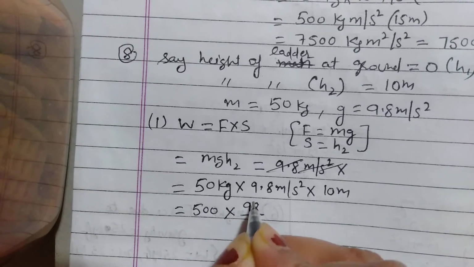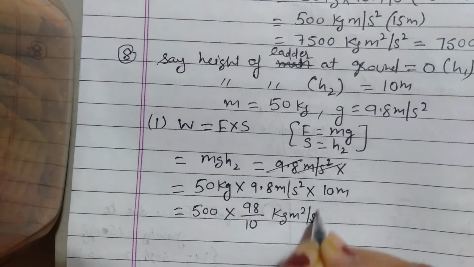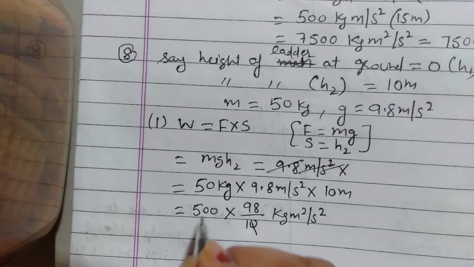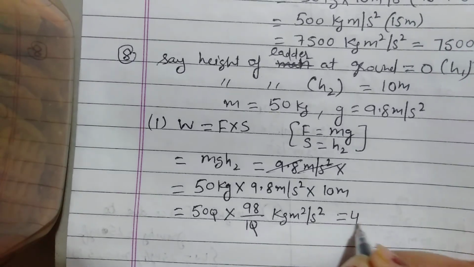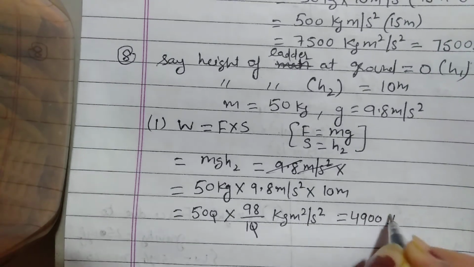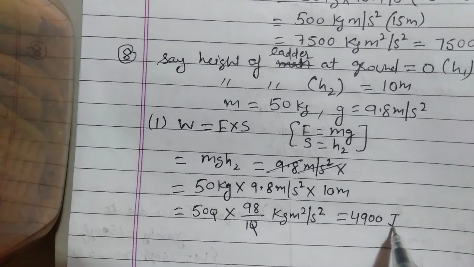Multiply by 9.8, we will remove its decimal, and the unit is kilogram meter square per second square. 0 will cut with 0, and when we multiply the remaining, we will get 4900 joule, because 1 kilogram meter square per second square is equal to 1 joule.